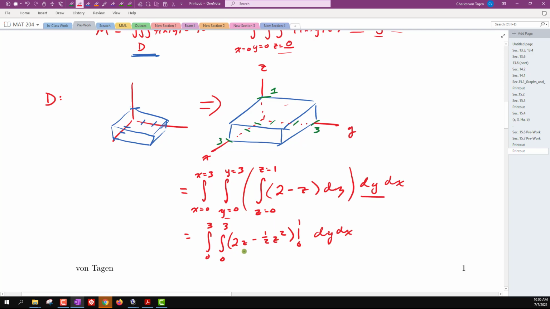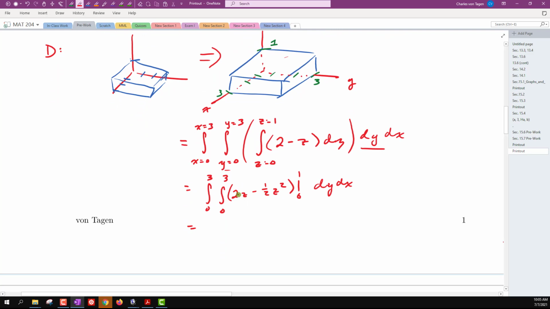Okay. And as we continue to evaluate this, now we've just got some calculations ahead of us. This would be 2 minus 1/2, so we get 3 halves. So this is the integral from 0 to 3, 0 to 3 of just the number 3 halves, dz dy dx. And that integrates to be the integral from 0 to 3 of 3 halves y, evaluated from 0 to 3.